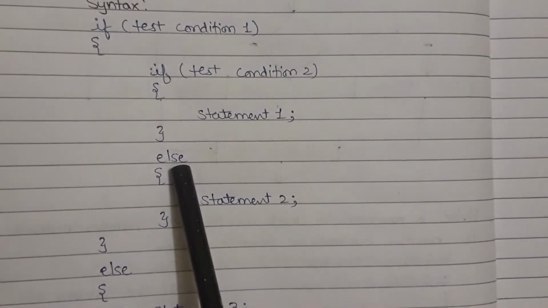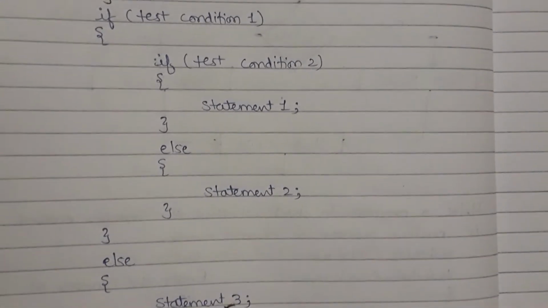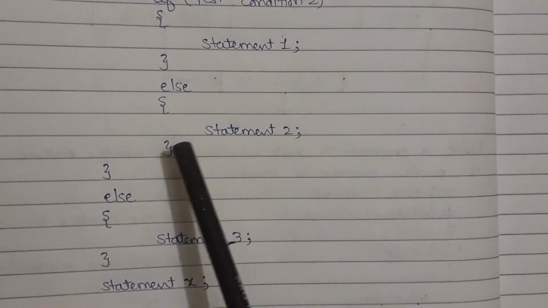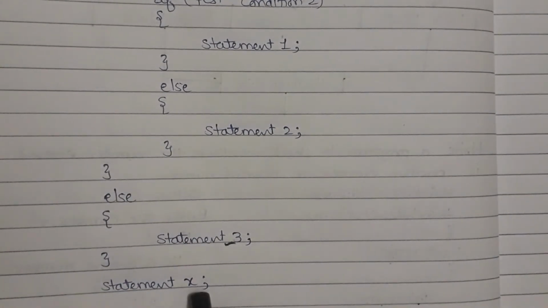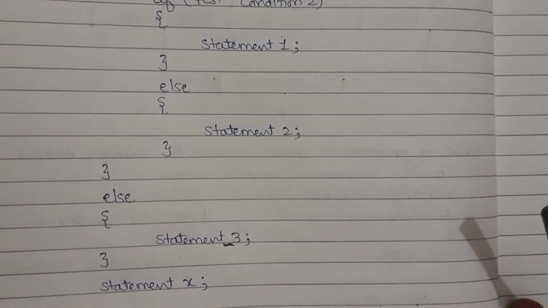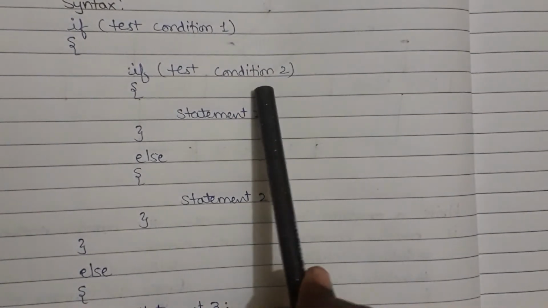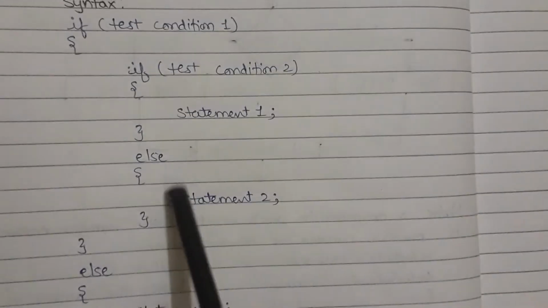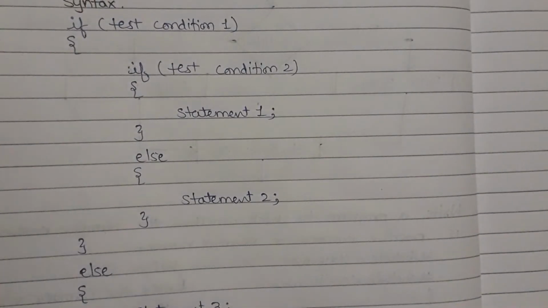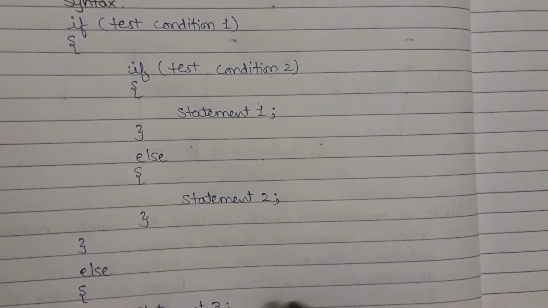Within this else part it will execute the statement 2 block, and after executing it, control directly goes to statement X. So in this second case, condition 1 is true but condition 2 is false.